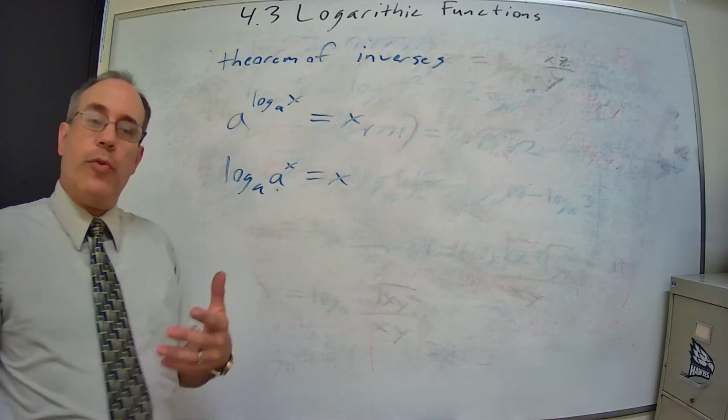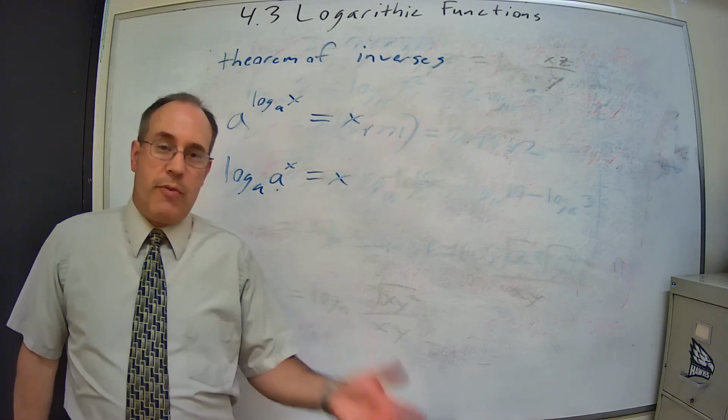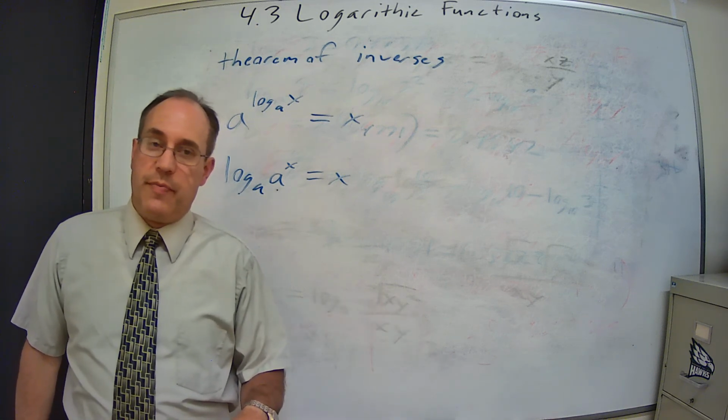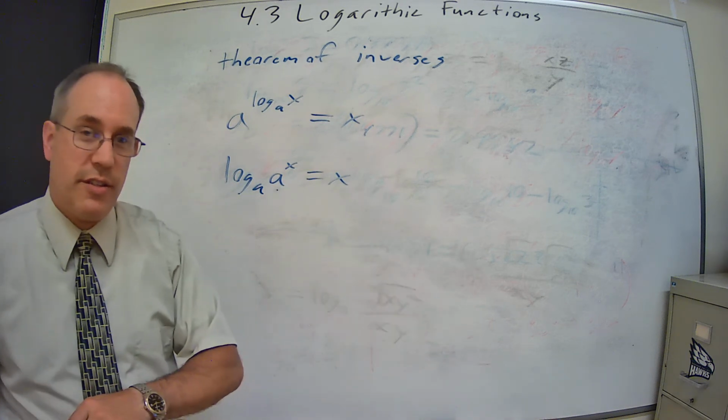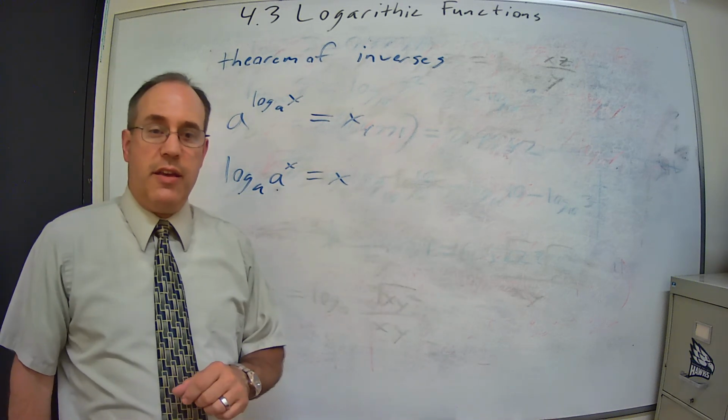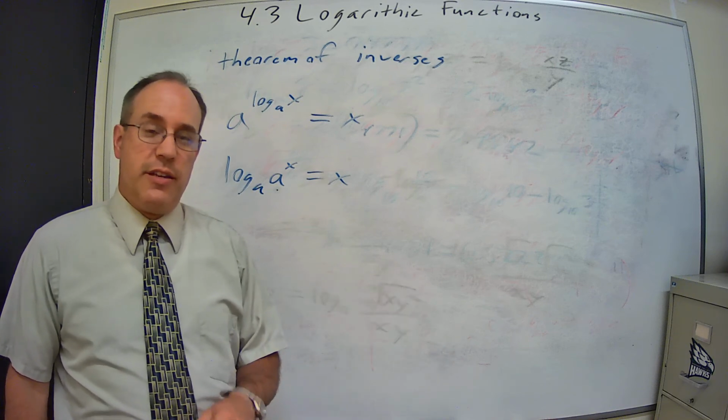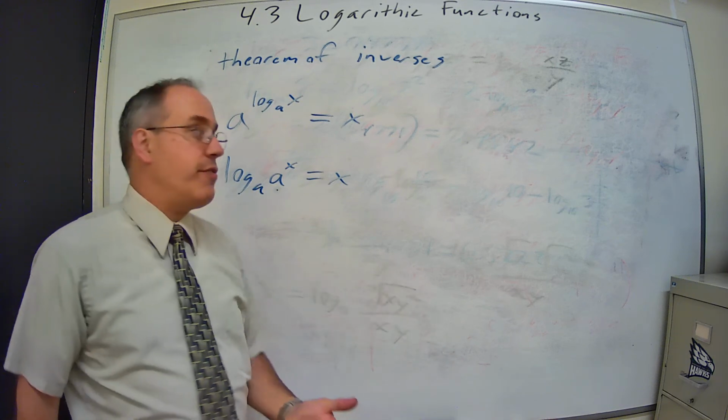Well, if you think about it, remember when we were dealing with inverses, we said the composition, right? If you take f of g of x, and that's equal to x, and g of f of x, and that's equal to x, then you have inverses.